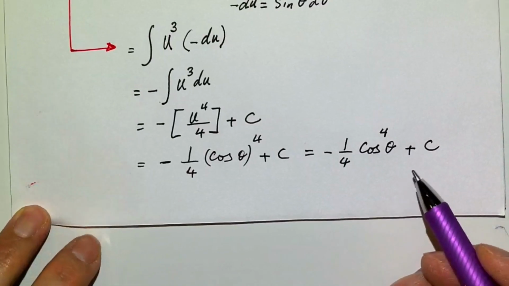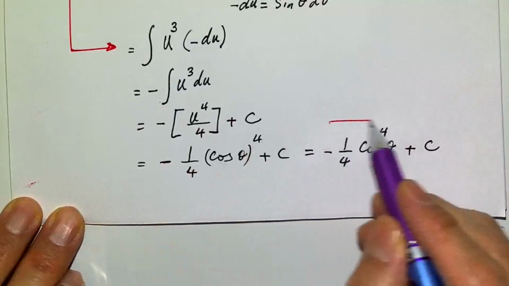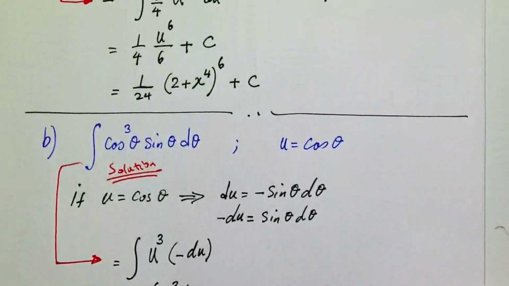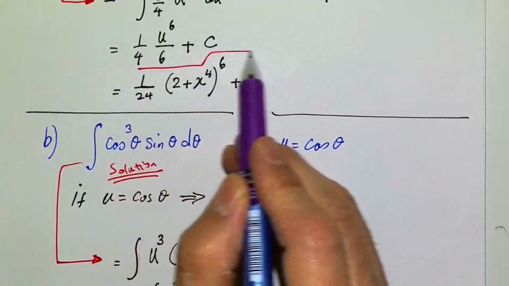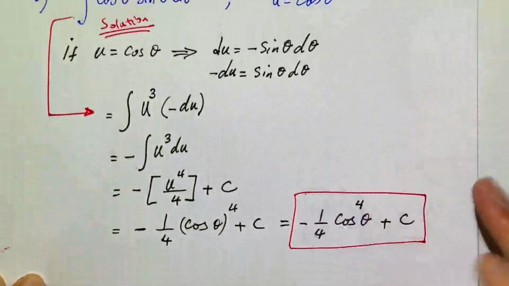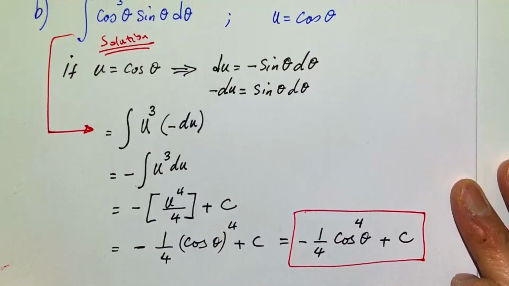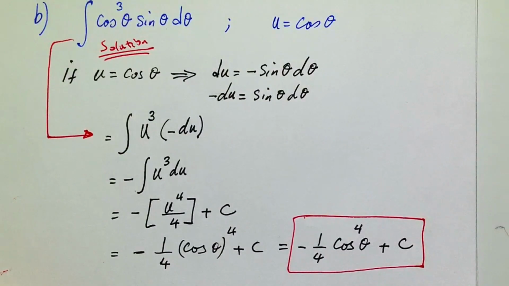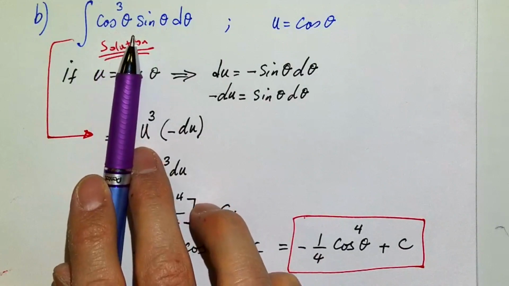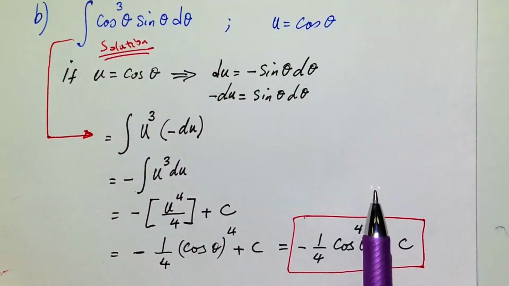Okay, and I need to also box my other answer. So here is the final integral, and also I need to do the same thing here. You notice how easy it is to apply this rule? Of course, the prerequisite is that a piece of this integral can be written in terms of the derivative of the other piece.